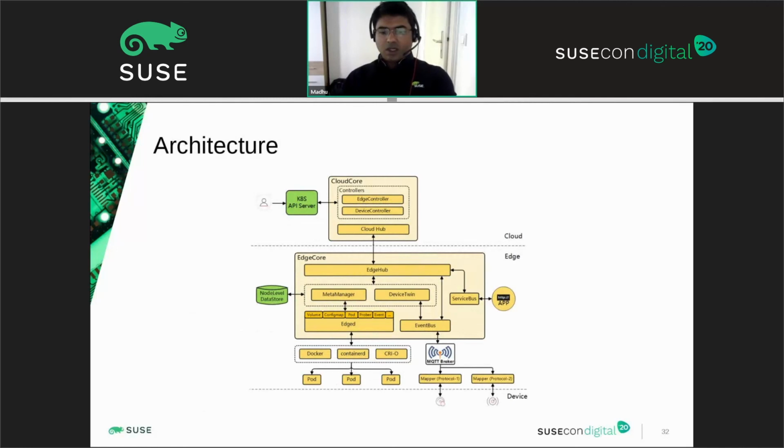So there is of course the cloud part and the edge part, a part of it which runs on the cloud, where the Kubernetes API server runs and interacts with the administrator. And there's the other part which runs on the edge device, which talks to the devices either through an MQTT protocol broker to the device or through simple plain HTTP requests.